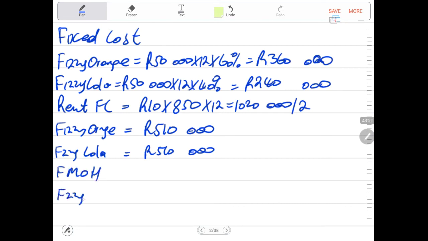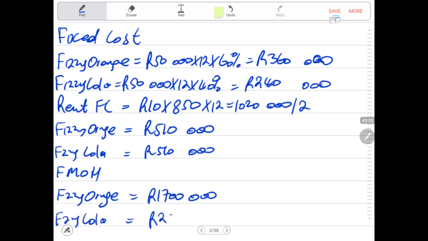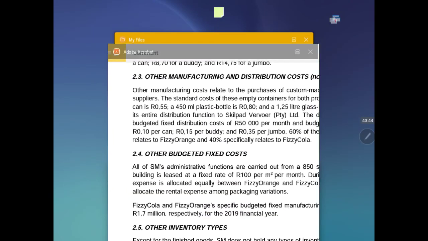For the Fizzy Orange, we have 1,700,000. For the Fizzy Cola, we have 2,500,000.